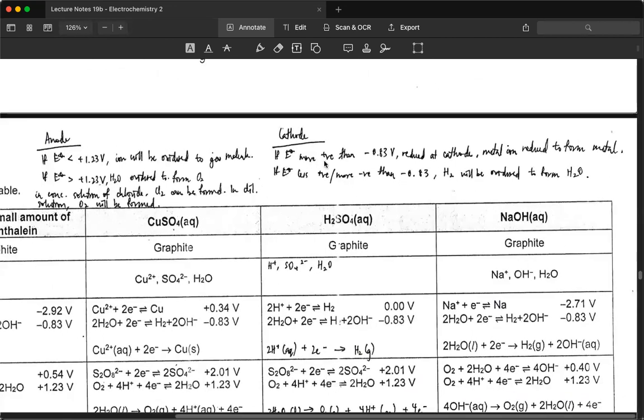For the cathode, if you have E0 more than minus 0.83, the ion will be reduced at the cathode, which means the metal ion will be reduced to form the metal.